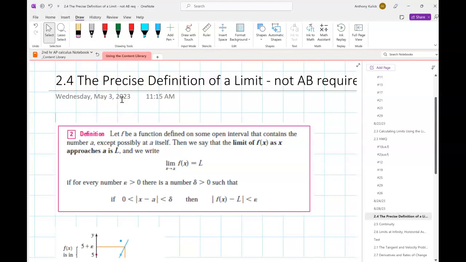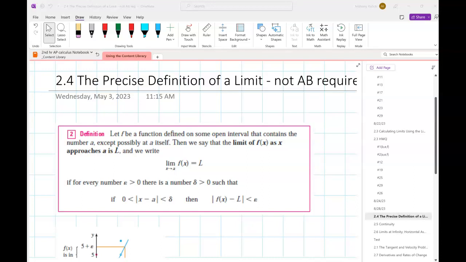We're just going to do a little bit of example and talk about what this precise definition means and how you use it to make a proof. But I'm not going to assign any homework from this section. I'm not going to ask you to do anything with this other than sit and appreciate it and try to use it to help build out some of your intuition.